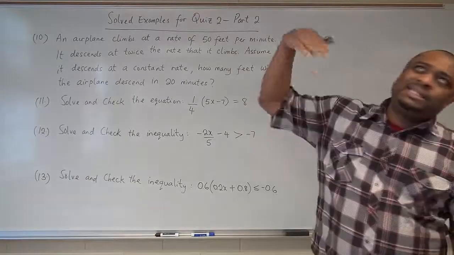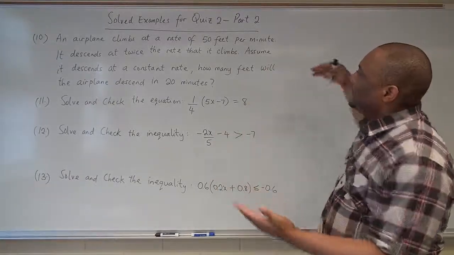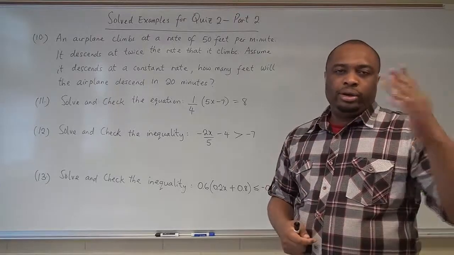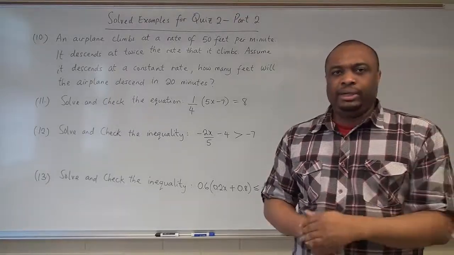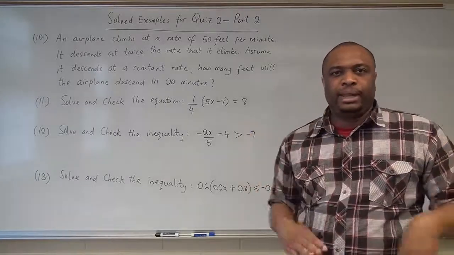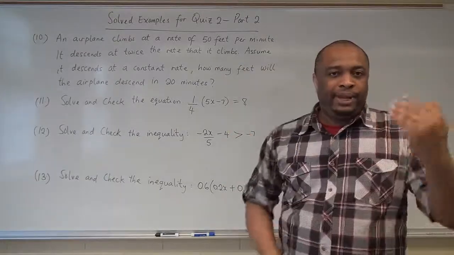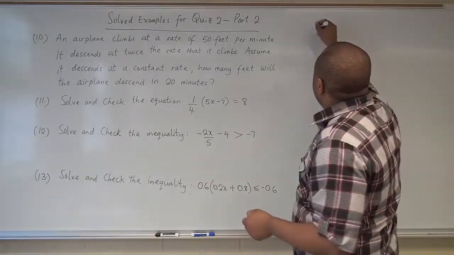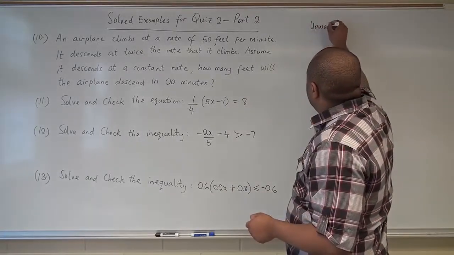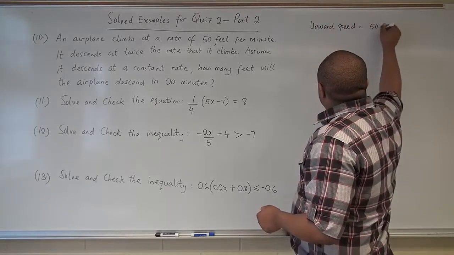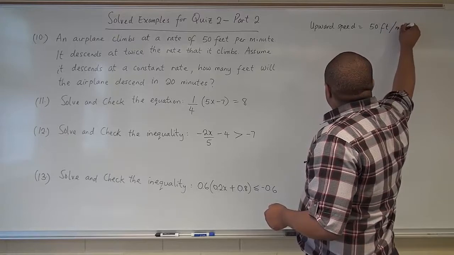So when it's descending, it descends at twice the rate. Twice that rate, twice means what? The video we did on word problems, converting English to math. Upward speed is 50 feet per minute.